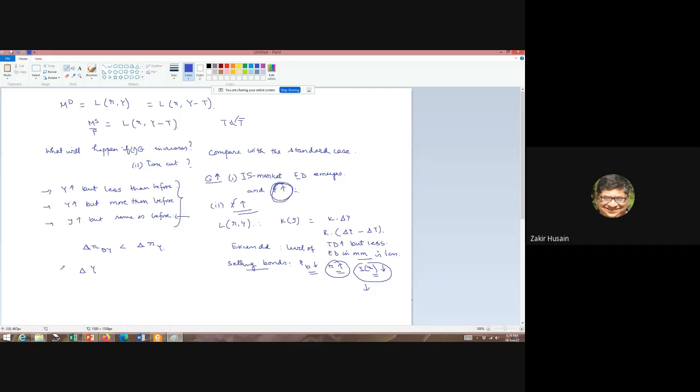So in the second round, the decline in income is less than the decline in income in the standard case. So the increase in income is going to be higher.